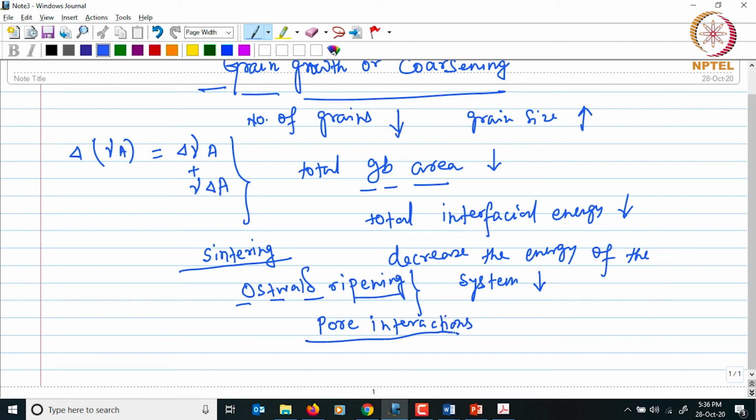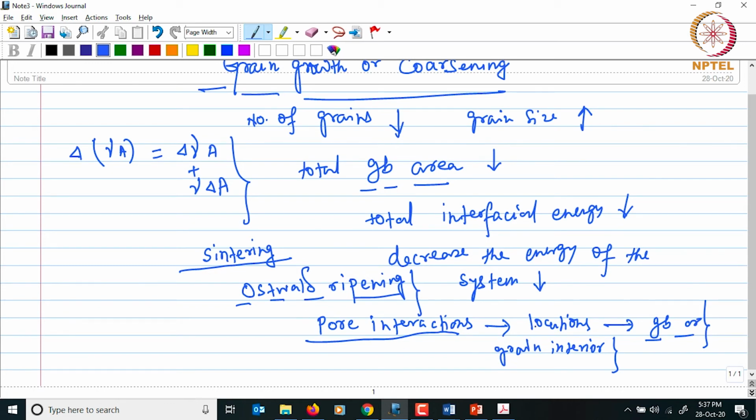And therefore, depending on the locations of the pores, whether they are along the grain boundaries or in grain interiors, the degree of grain growth can change. When they are along the grain boundaries, then they can retard the grain growth by pinning down the grain boundaries. So the extent of grain growth will be lower.